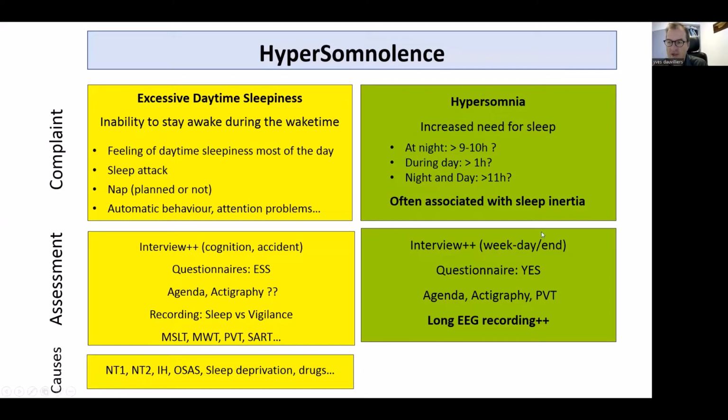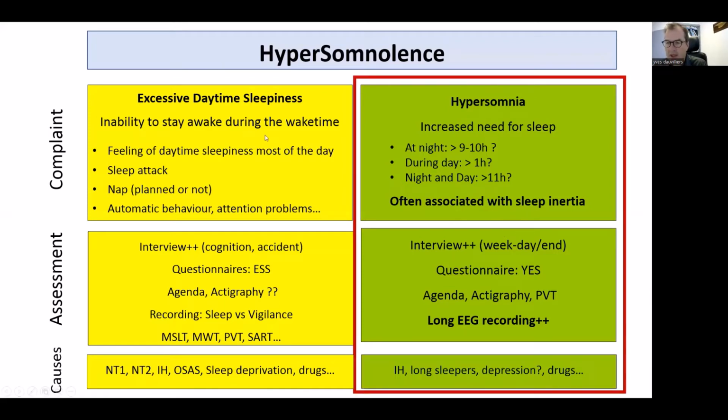This is often associated with sleep inertia. Again, a good clinical interview is needed to assess this hypersomnia during the weekday and the weekend. You can use questionnaires, agenda, actigraphy, PVT, and we will spend time on long EEG recording. To explain these symptoms, you can also have different etiologies: long sleeper, depression, drugs, and IH.